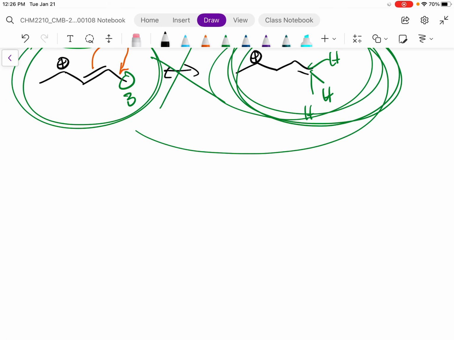Now let's introduce some heteroatoms. What if I had something like this? Could you draw a resonance structure for that? What if I took that lone pair, brought it, and stuck it between the nitrogen and the carbon, and then took that and put the electrons there?